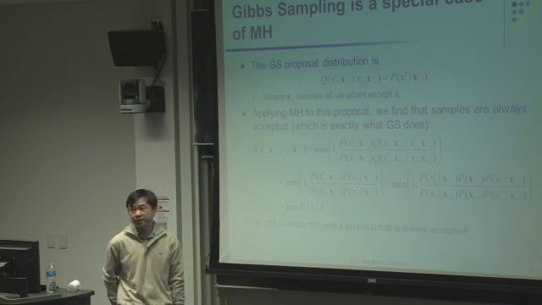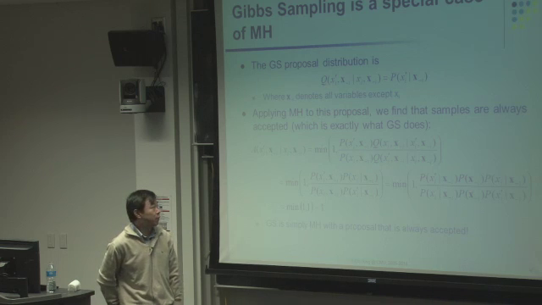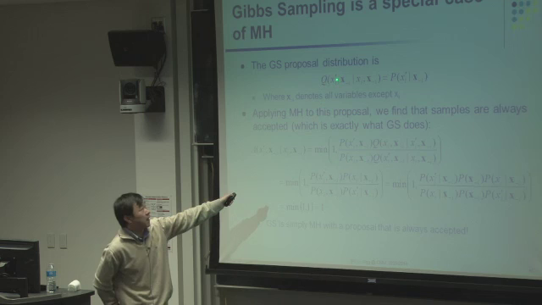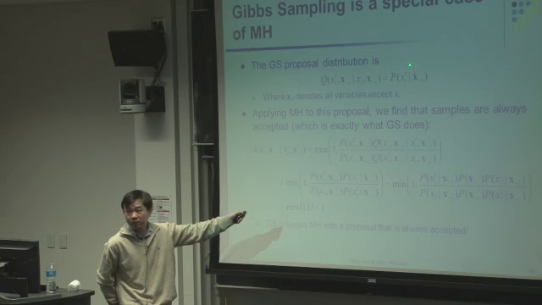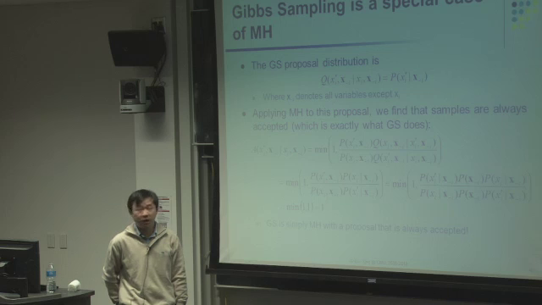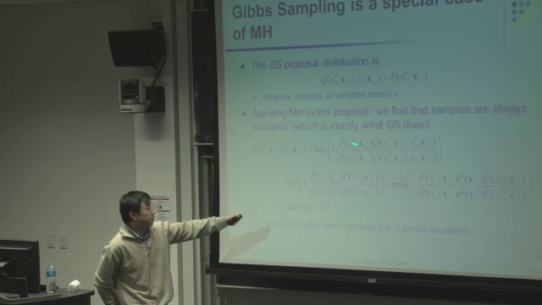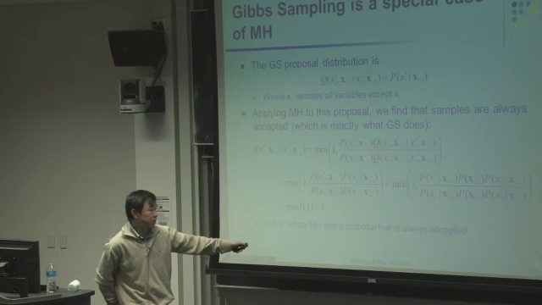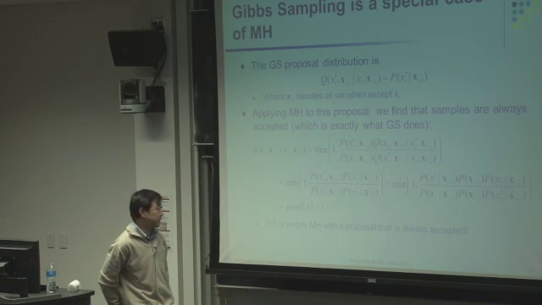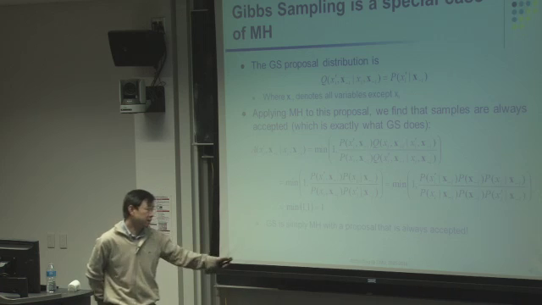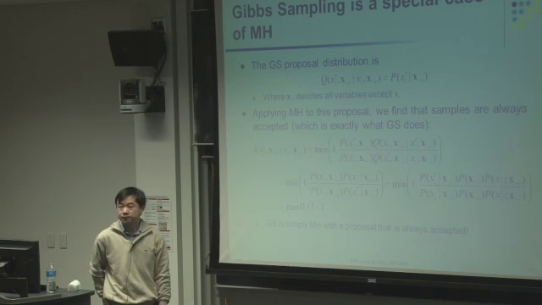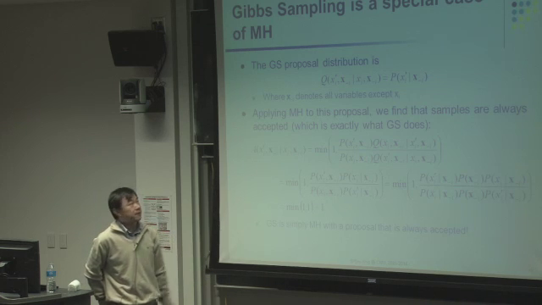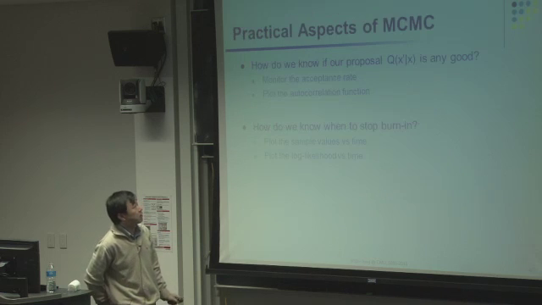In fact, it is a special case of Metropolis-Hastings, where you use as the proposal distribution the conditional distribution of one of the random variables in the random vector given the rest of the random variables that you just sampled from. And then the acceptance rate is guaranteed to be 1. Therefore, that piece disappears, and this is an MH with a proposal that always guarantees acceptance. That's basically the justification of why Gibbs sampling is correct.